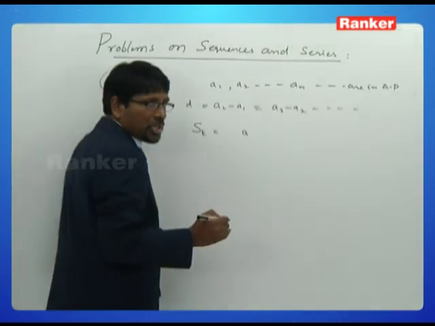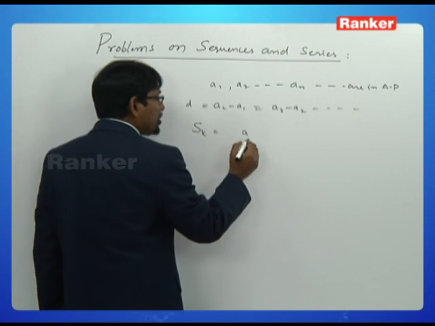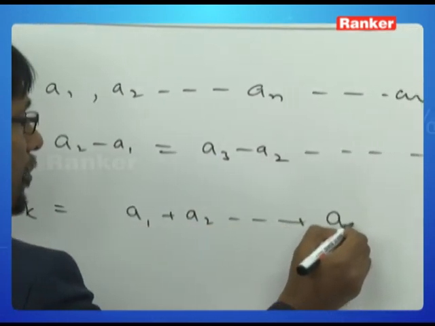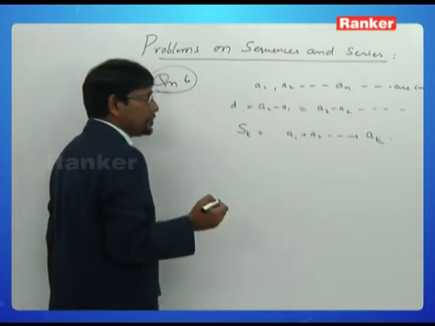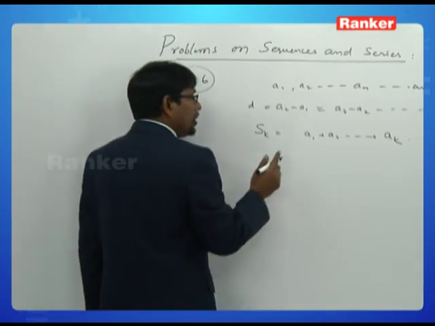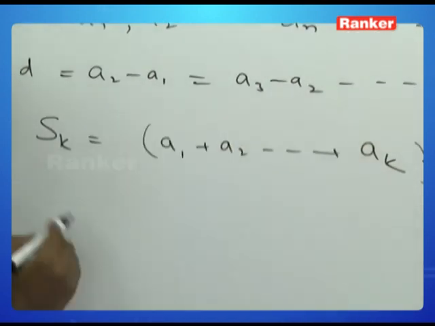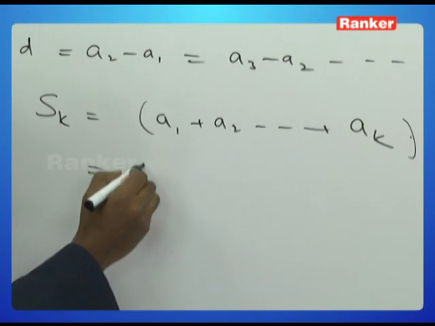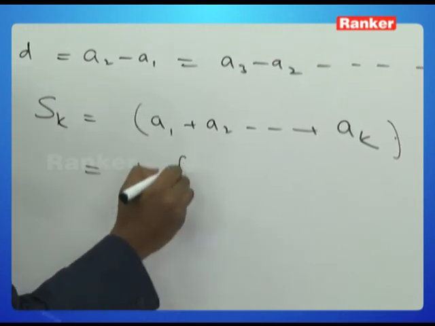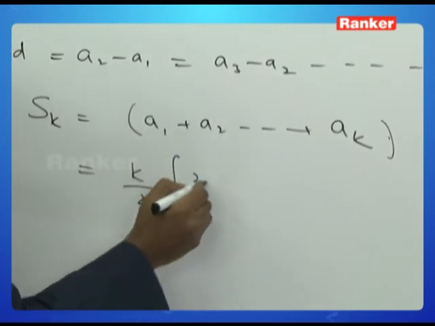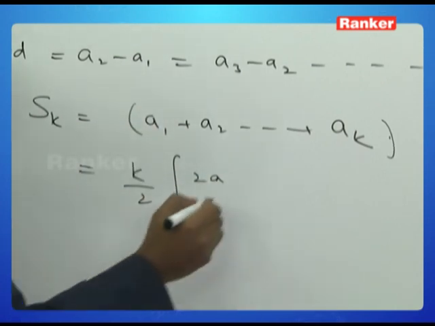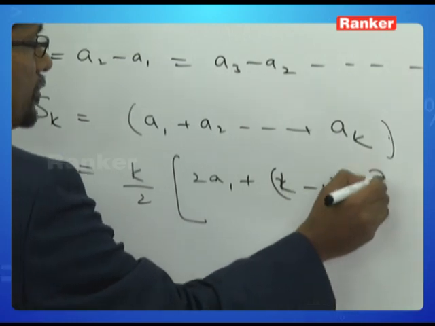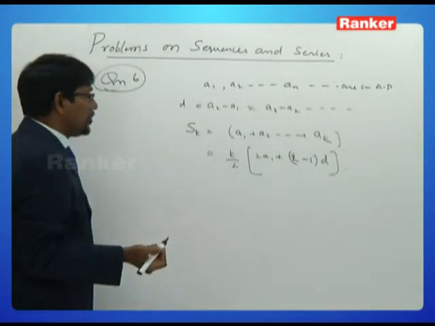It is the sum up to the first k terms, a1 plus a2 plus so on up to ak. What is the sum up to k terms of an AP? We have k by 2 into 2a1, that is 2 times the first term, plus k minus 1 into the common difference D. That is it.